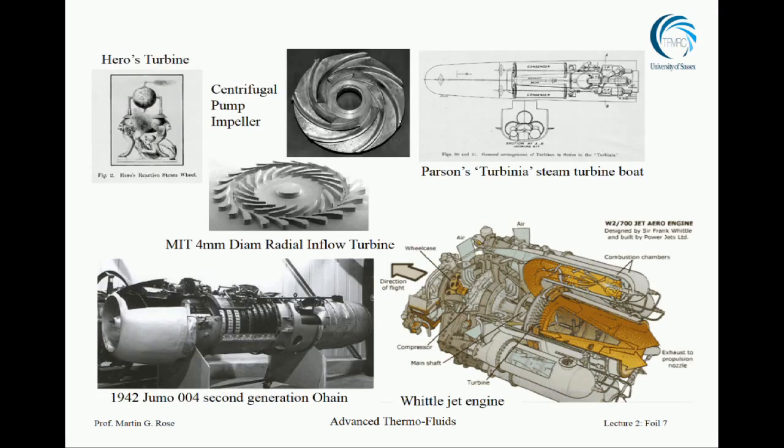Here are some pictures. I showed these in the introductory thing, so you've seen them before. The top left is a picture of the Heron's turbine, which is this spinning sphere for a sort of parlour game, just to show people something funny to look at. I think it burnt coal, boiled water. The water is injected through the side arms, which also act as hinges, into the sphere.